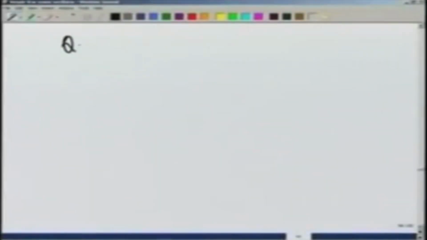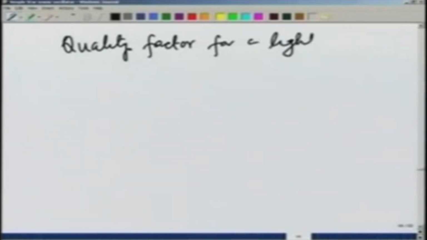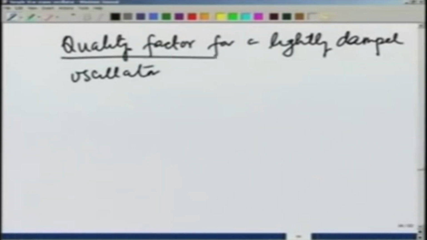Then I define something called the quality factor for a lightly damped oscillator. As I said earlier, most of the time when I am dealing with lightly damped oscillators, I want the leakage or the decay of energy to be as small as possible.